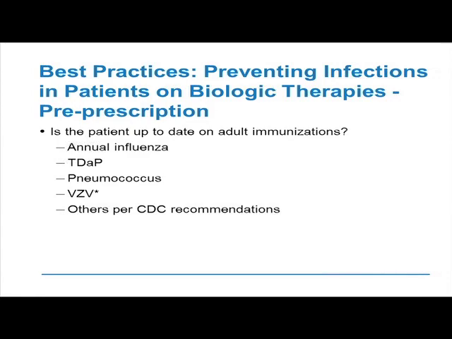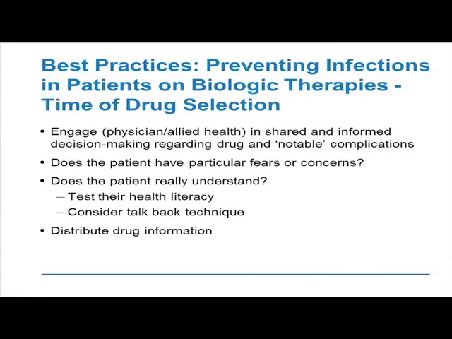separately and retrievable. Now, the second stage of this is looking at patients at the time of drug selection and writing that prescription. And either you as the physician or you as the allied health personnel need to engage in increasingly complex, shared and informed decision-making regarding important and notable complications.